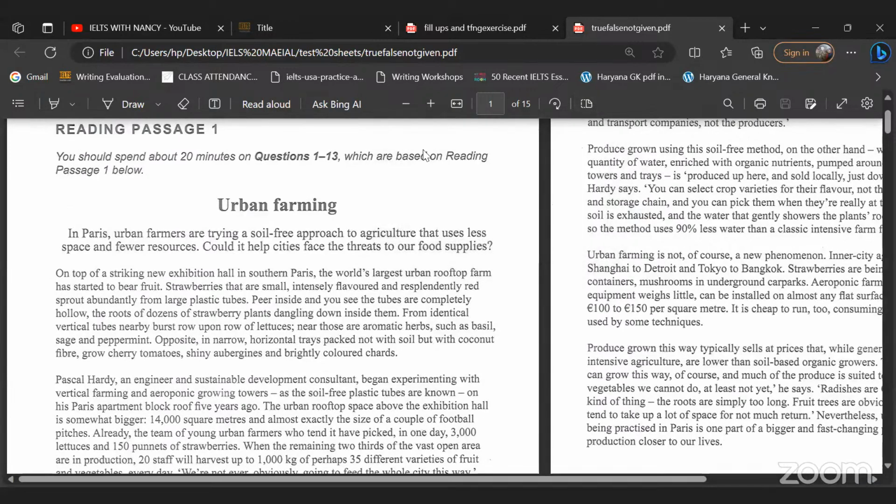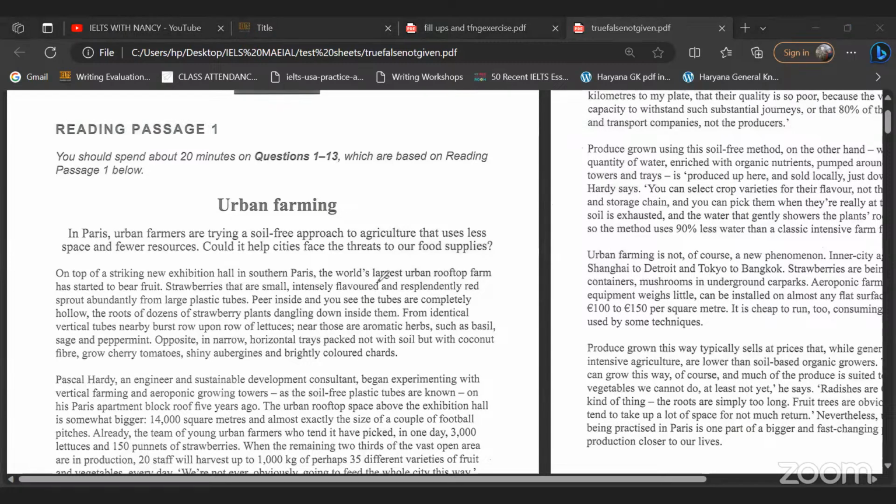So they are saying on top of a striking exhibition hall in Southern Paris. You just need to check the keyword urban farming. So here they have taken on top of a striking exhibition hall in Southern Paris, the world's largest urban rooftop farm has started to bear fruit. Strawberries that are small, intensely flavored, and resplendently red sprout abundantly from large plastic tubes.